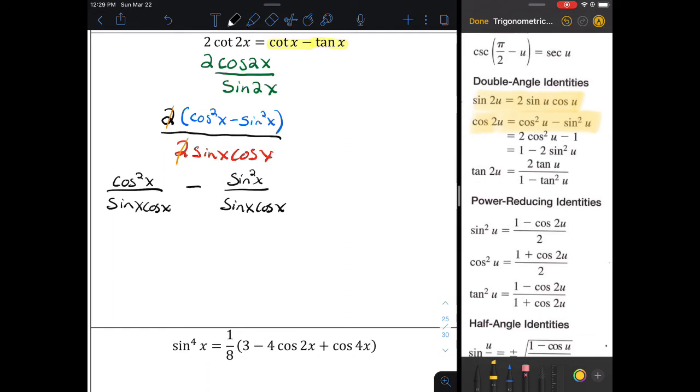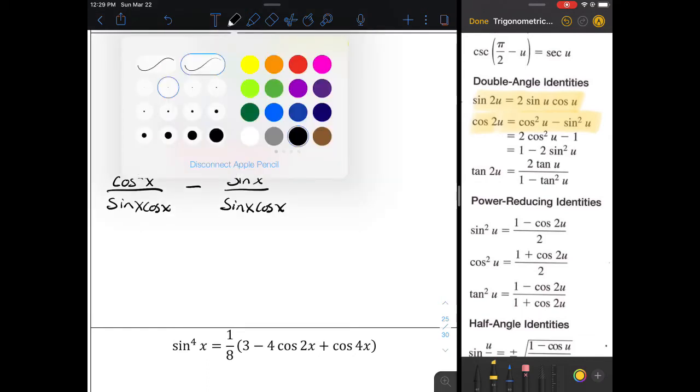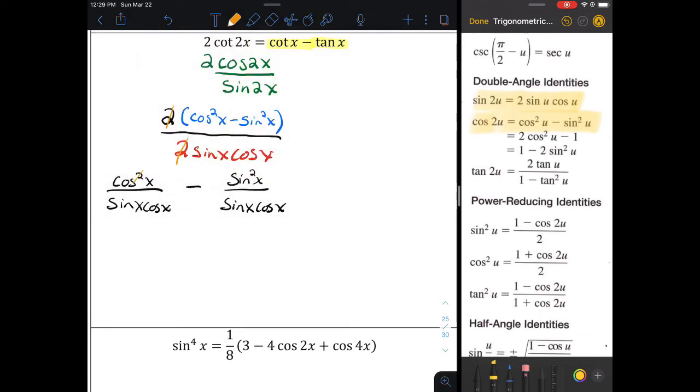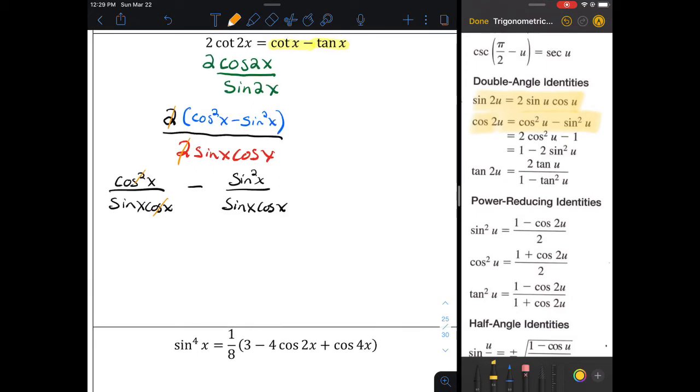And then we can simplify our problem here. So I can cancel out a cosine in the numerator with a cosine in the denominator, and I can do the same thing with the sines in the fraction on the right-hand side. And that gives me cosine of x divided by sine of x minus sine x over cosine x.